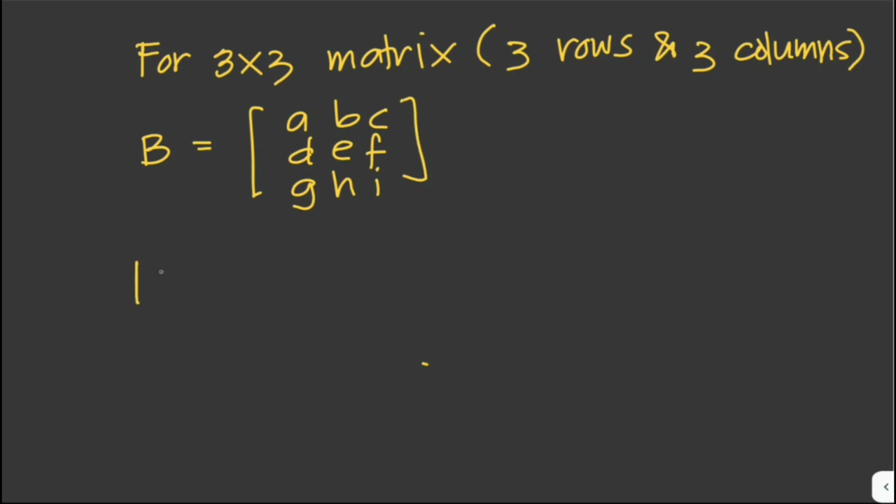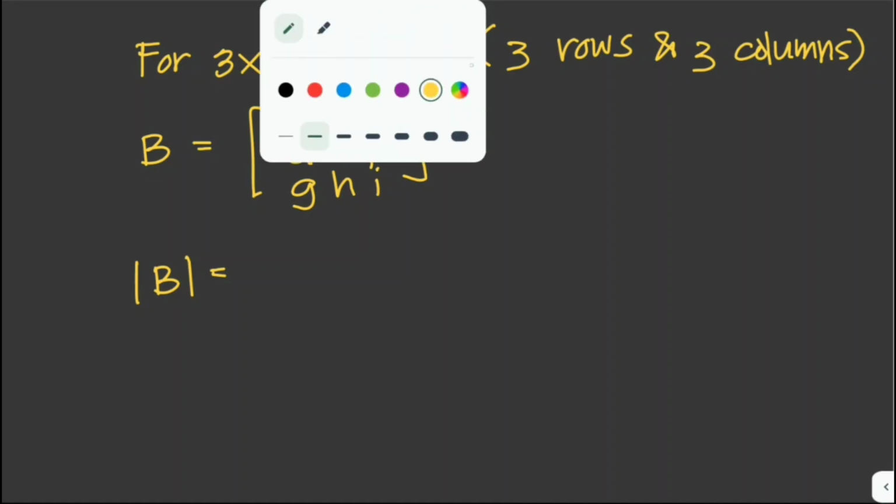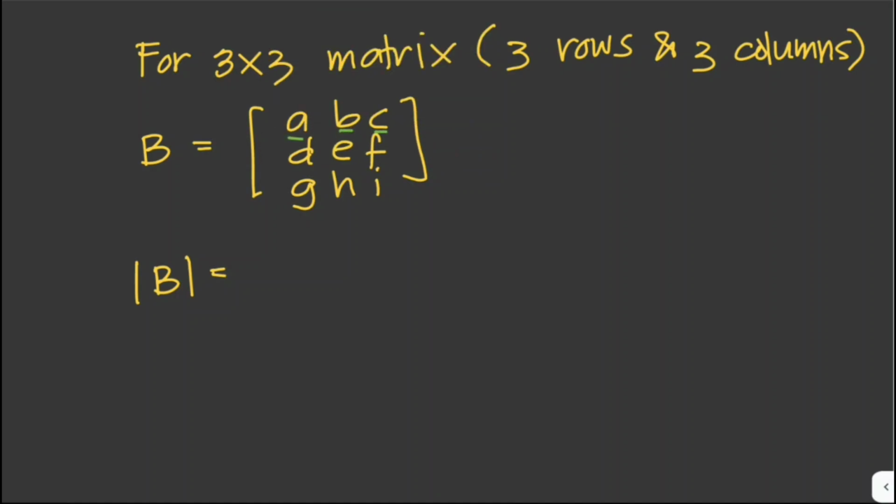So to solve for the determinant of matrix B, this is what we're going to do. The components in the first row of matrix B are A, B, and C. So what we're going to do here is to multiply first A by the determinant of the 2 by 2 matrix that is not in A's row or column.